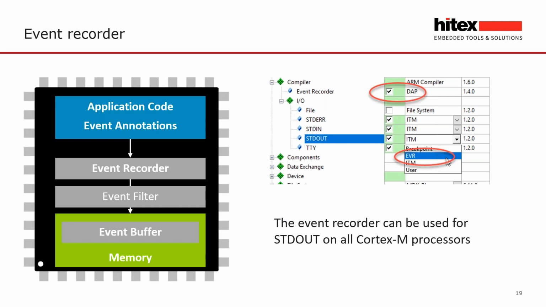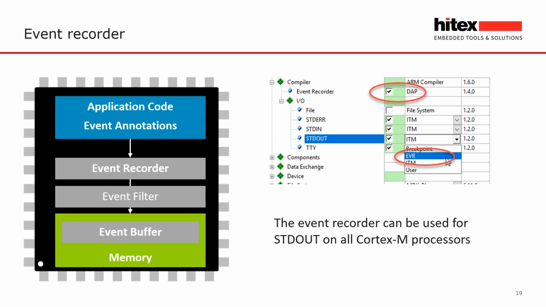So on the smaller devices, you don't have the more advanced trace features. So this second technique, the event recorder, is available and can be used on all Cortex-M micros. So this greatly improves the debug experience on M0, M0+.